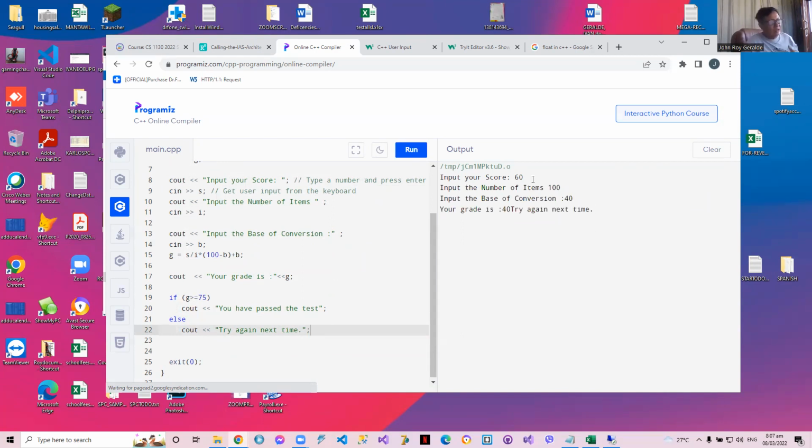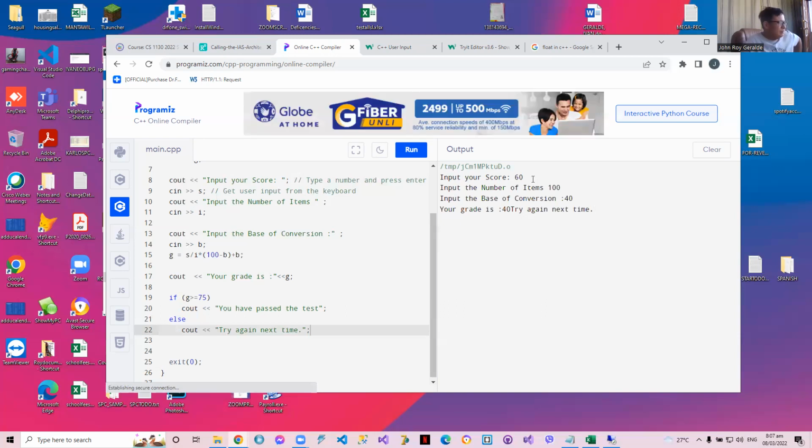Okay, so ganun siya. Try again next time. I'm not sure why it's a 40, no? What's wrong with my computation? So isayin nga natin ito.